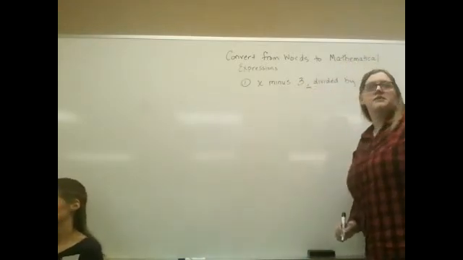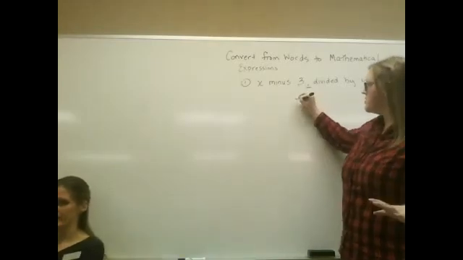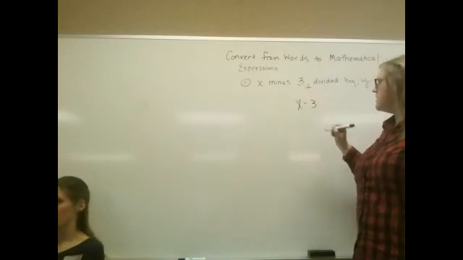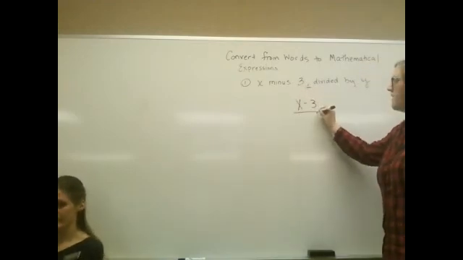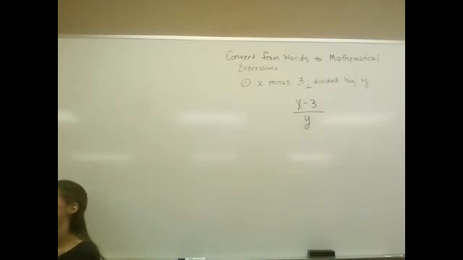The comma is what tells us what's in the numerator versus what's in the denominator. So that means that x minus 3 is what's in our numerator, and y is what's in our denominator. You guys will be happy to know there's only one answer for these. There's not like 4.